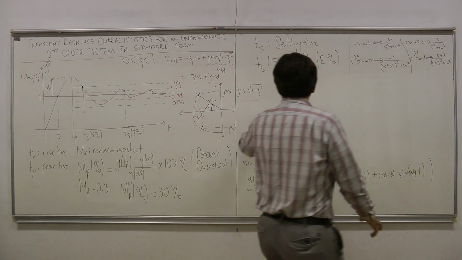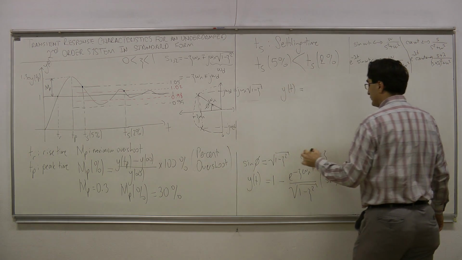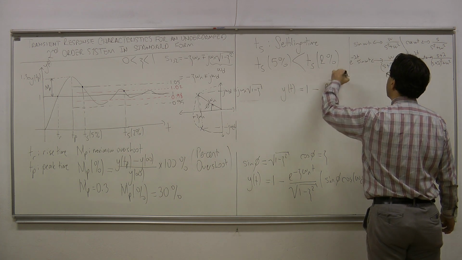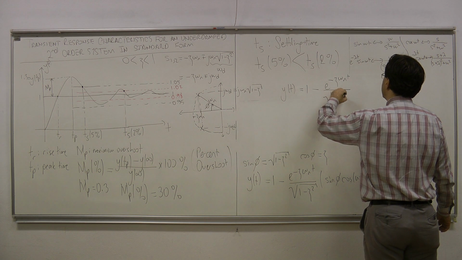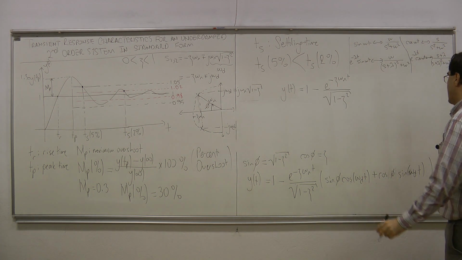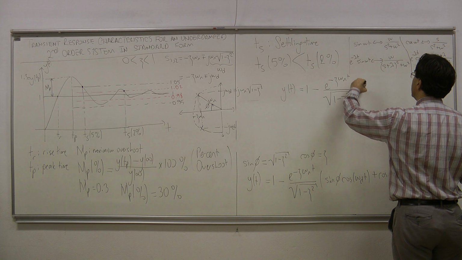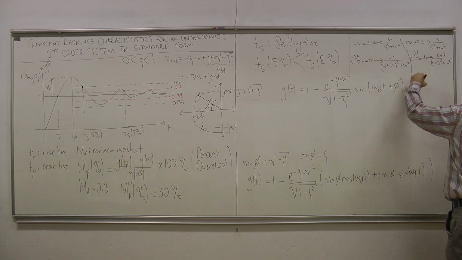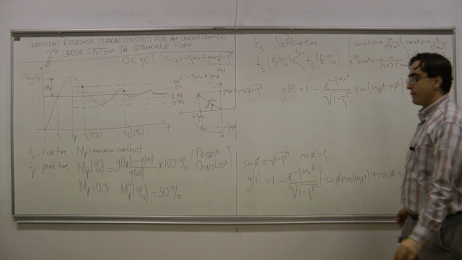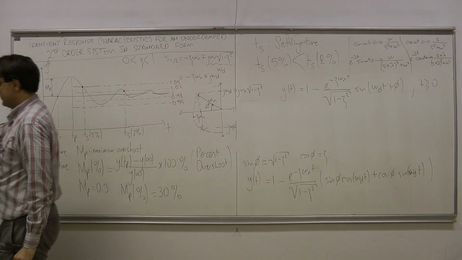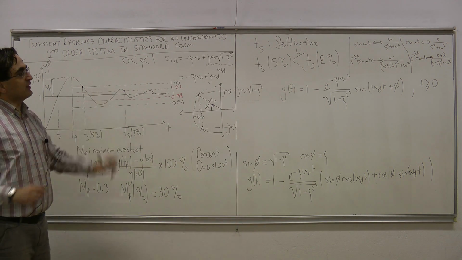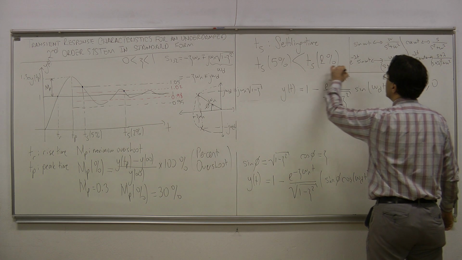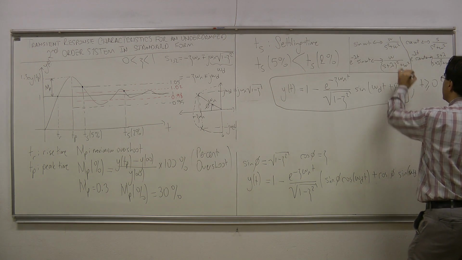So now the function is y of t equals 1 minus, with this coefficient in the front, e to the minus psi omega n t divided by square root of 1 minus psi square, and instead of the summation, I write sine of omega d t plus phi. This is for t larger than or equal to 0. This is our final formula that we are going to use in our derivations.